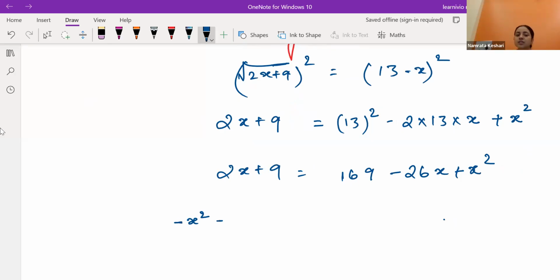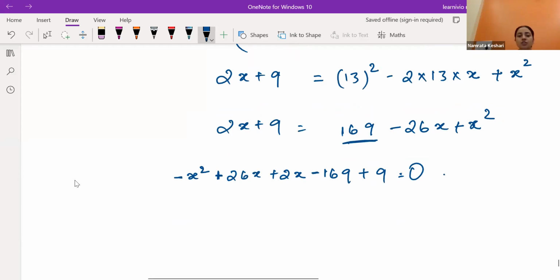This minus 26x we will bring and it will be plus 26x plus 2x. This 169 that is positive on that side we will bring to this side, it will be minus 169 plus 9 is equal to 0. Now we just have to focus on solving this quadratic equation, which is minus x square plus 28x minus 160 is equal to 0.